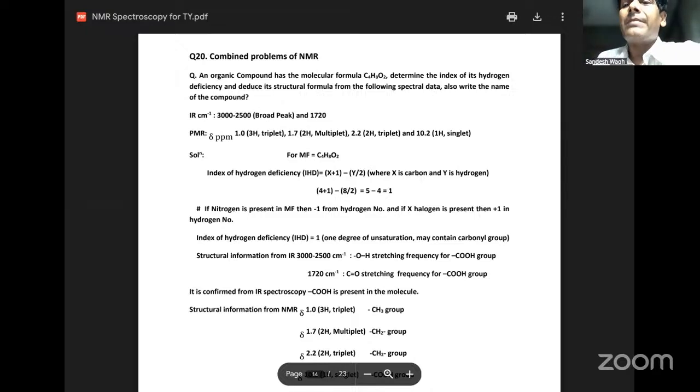Now, what is a combined problem? A combined problem is one having the information of two or more spectroscopy techniques. Here in this problem, we have targeted only two spectroscopies, like IR and PMR. Maybe at some point they may give you UV or mass, depending on the problem.